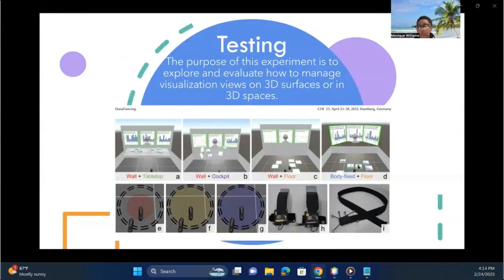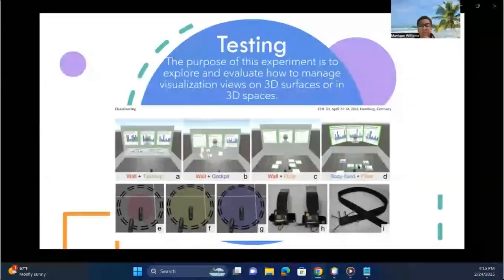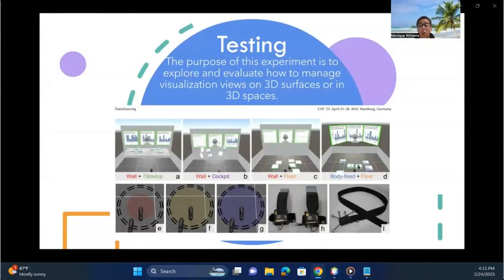So the 4 prototype systems that they're referencing are the wall and tabletop, wall and cockpit, wall and floor, and body fixed and floor. They combined multiple views with each other to see how the user interprets all of those different views, along with foot placement.